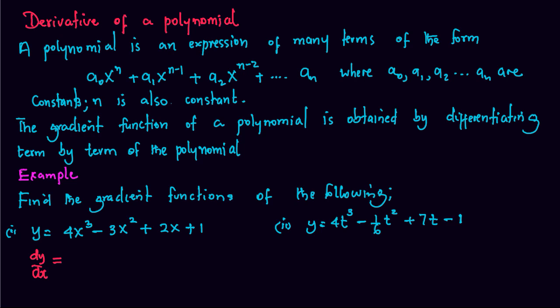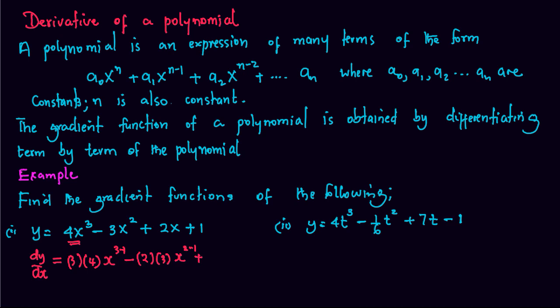So the differentiation of the first term is 3 multiplied by 4, the power reduces by 1. The differentiation of the second term is 2 multiplied by 3, the power reduces by 1.